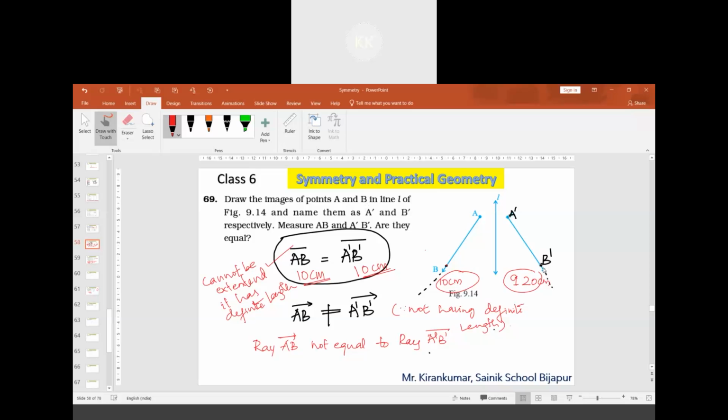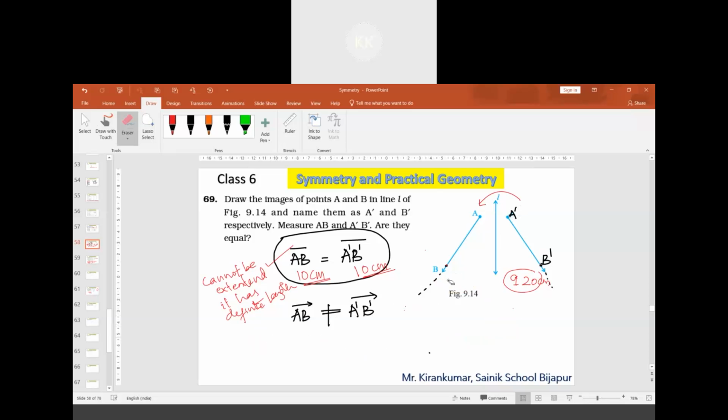If you are thinking that this is a fixed quantity and this is exactly the reflection of this, then they are equal. If you are thinking of exactly the mirror image, then they are equal.